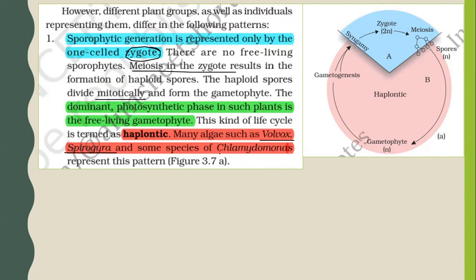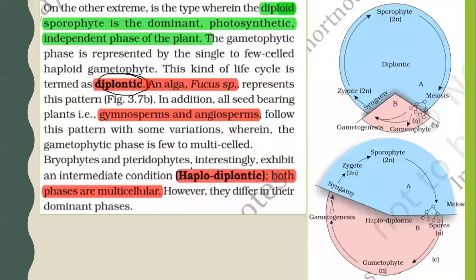I've given you the detailed examples and the code in the detailed lecture. This diagram is also a previous year diagram-based question for NEET as well as for the board exam. This is the diplontic life cycle, seen in Fucus and others. The haplodiplontic life cycle is seen in bryophytes and pteridophytes.